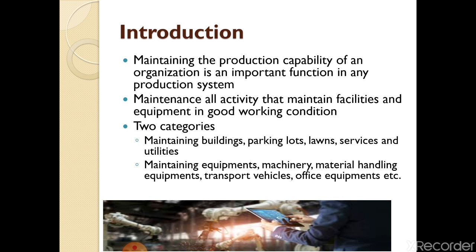Also, electronics is part of this equipment. A lot of equipment has electronic components as well, so there is involvement of electrical engineers as well. So these are the two categories of maintenance activities.